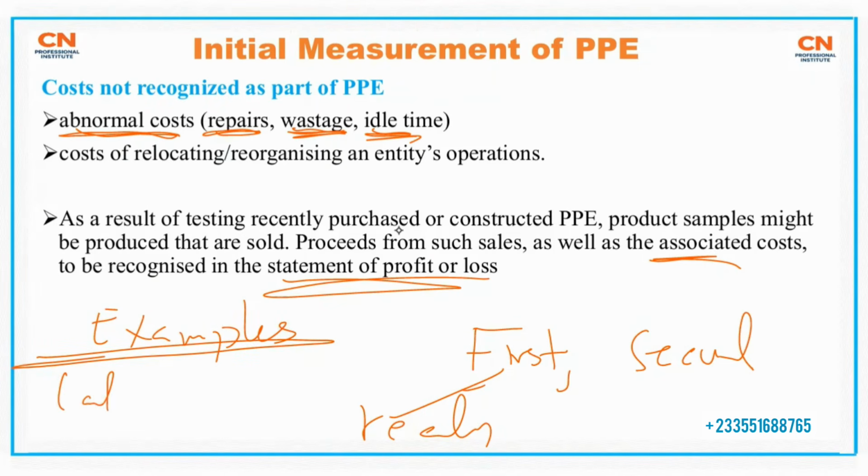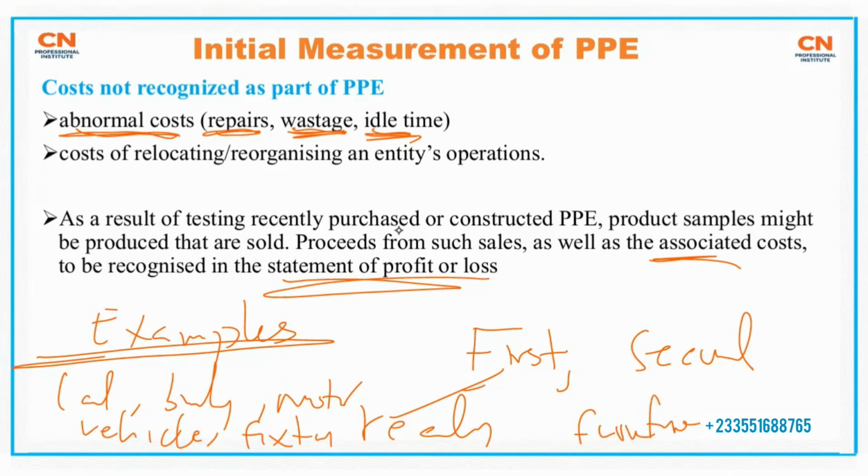You know your land, your building, your motor vehicle. Name them. What else? Your fixtures and fittings, your furniture, your equipment. All these are examples of property, plant, and equipment.